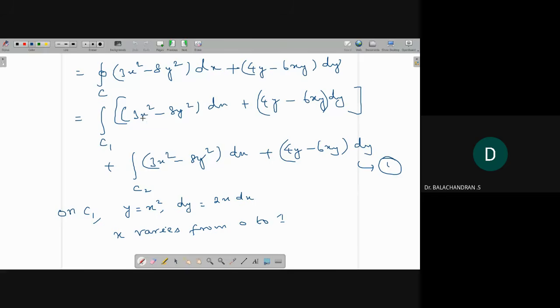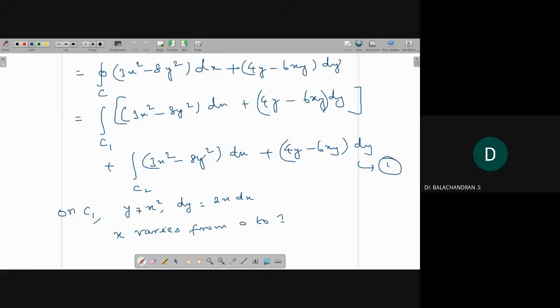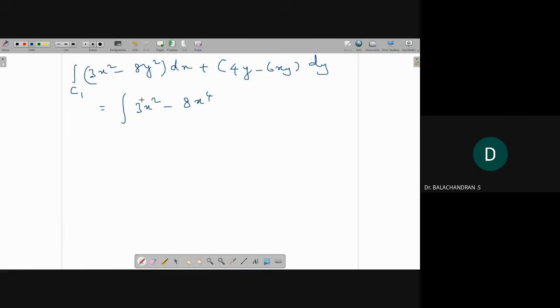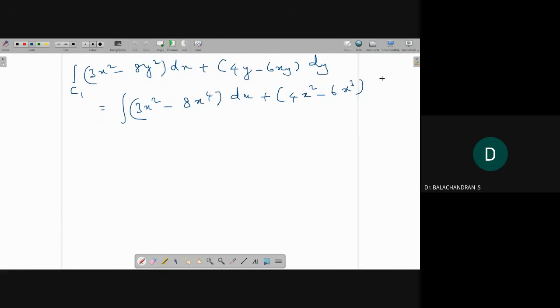So 3x square minus 8y square. What is y square? Y square equal to x power 4 into dx, plus 4y is 4x square, minus 6xy: y is x square, so x into x square is x cube, into dy. dy is 2x dx.